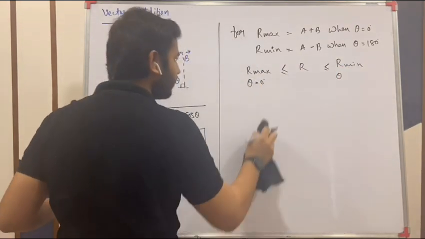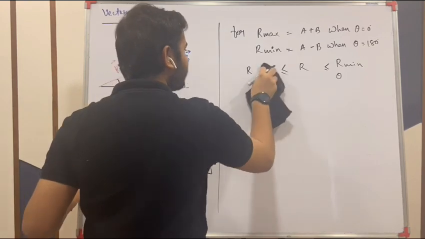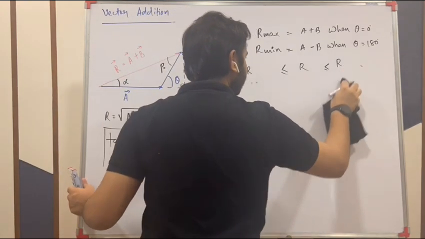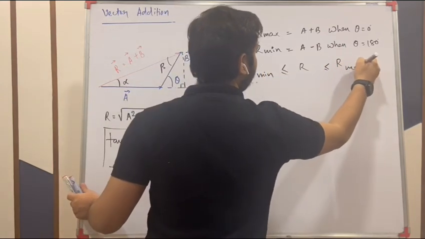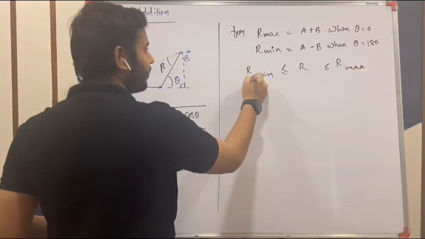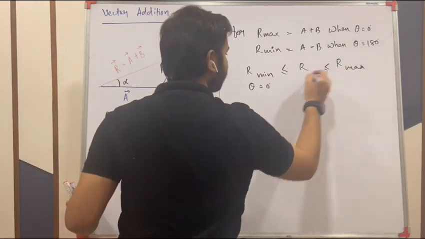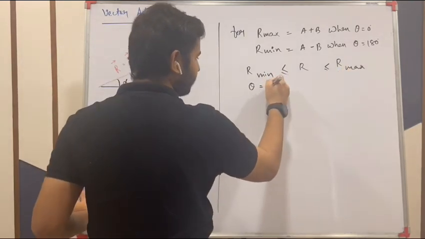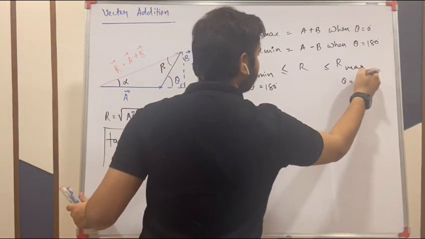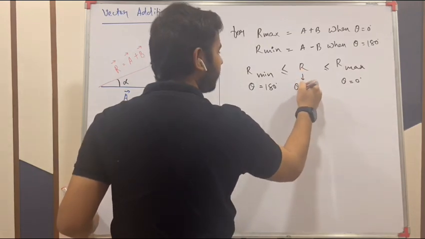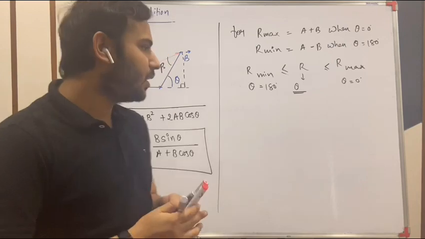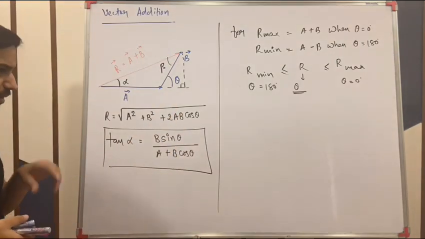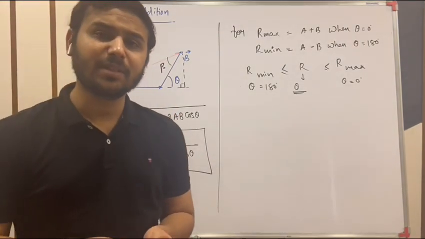My mistake, minimum to maximum it should be: R minimum for theta 180, and R maximum for theta 0. This is for any theta between 0 and 180. Understood? This is what we discussed in our previous lecture.